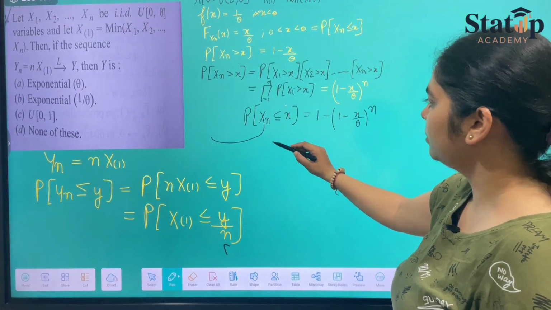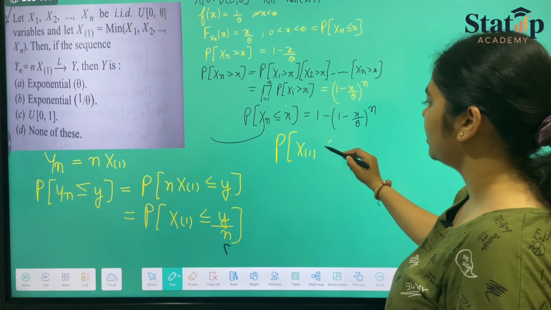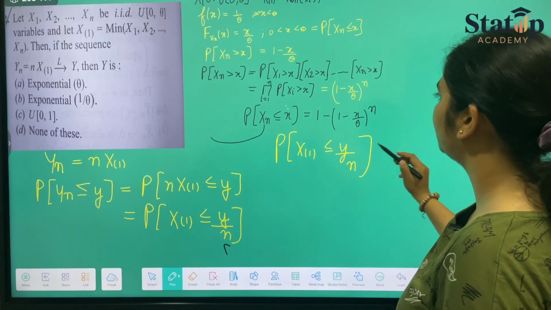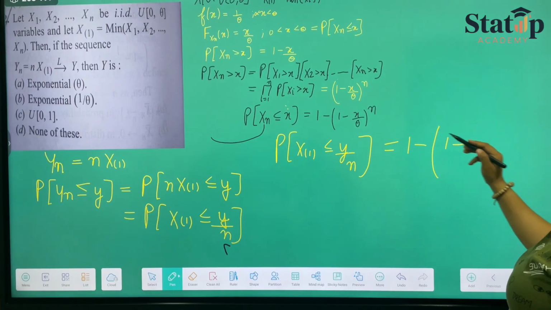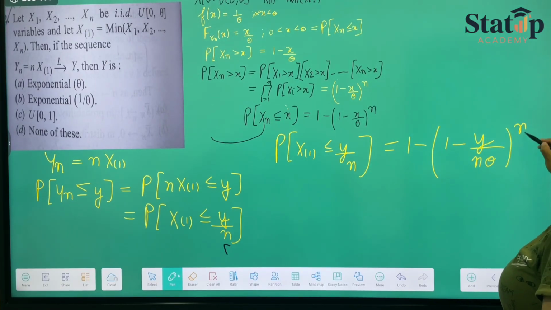So here, putting the probability that X1 is less than or equal to y by n, instead of x here we will put y by n, which will be 1 minus y by n theta, raised to the power n.